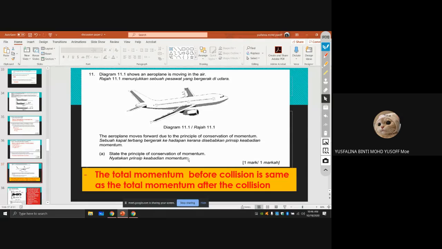State the principle of conservation of momentum: the total momentum before collision is the same as the total momentum after the collision. So remember, you must have the word total. So this is the answer for 11A.